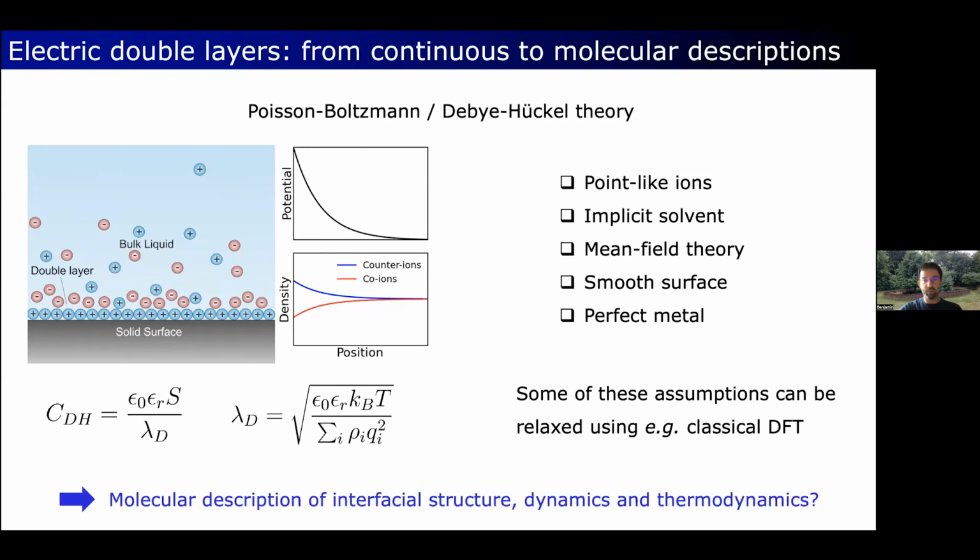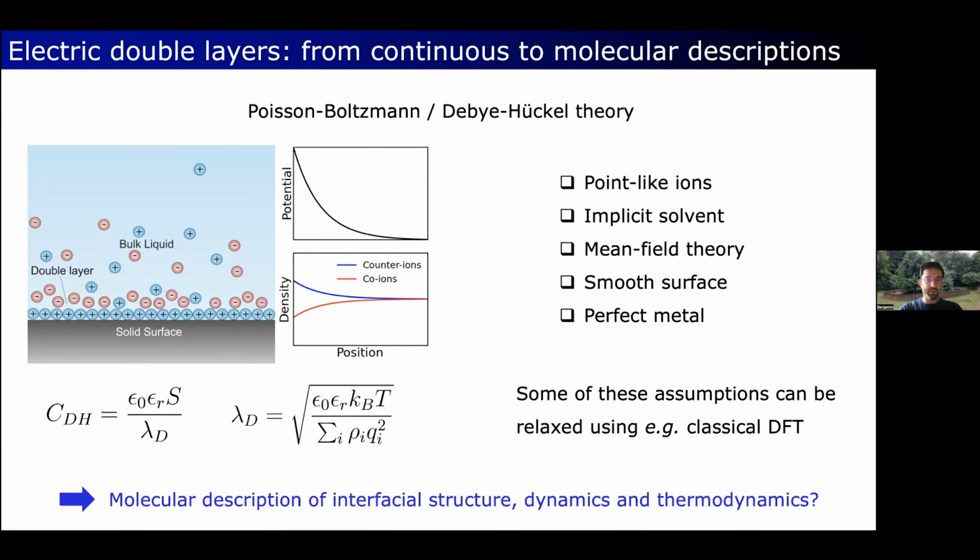You can look at the works of Kornichev or Van Hooy, for example. But this would be again a completely different talk. What I would like to emphasize today are the contributions of molecular descriptions to the understanding of these interfaces, looking at the structural, dynamical, and thermodynamical properties.